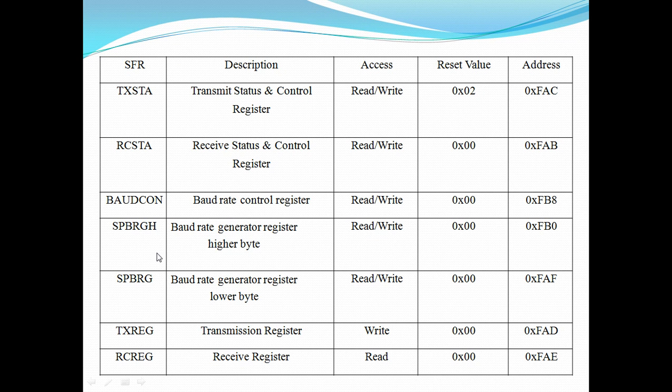These two registers are used for loading the data which will be transferred or received through serial communication. If we are going for 16-bit, then both registers are used. Otherwise, for 8-bit, the SPBRG register will be used.